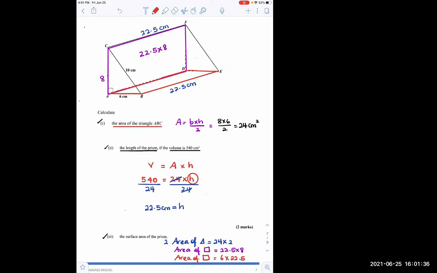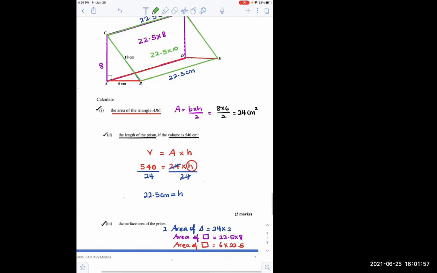You all see that one? Yes, miss. Watch this one now with the hypotenuse. This face with the hypotenuse is the part in green. So that is 22.5 by 10. Do you all see that? Yes.